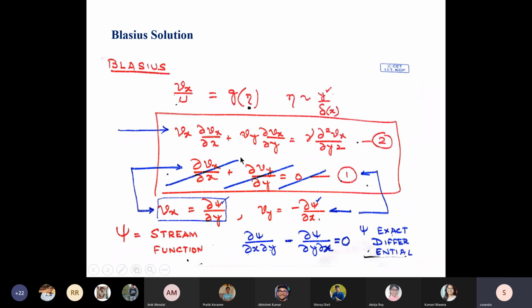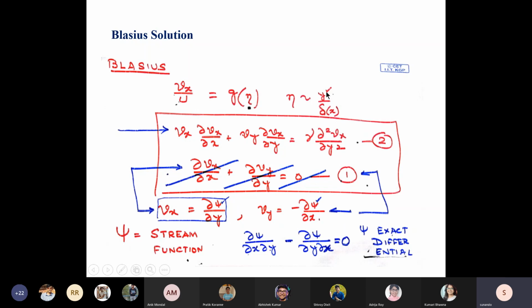What Blasius saw by analyzing data is that the velocity in the x direction, when plotted against a non-dimensional distance from the solid wall, shows a definite relation between the two. The non-dimensionalizing factor for velocity is u infinity, and this is related to the non-dimensional distance from the solid wall.